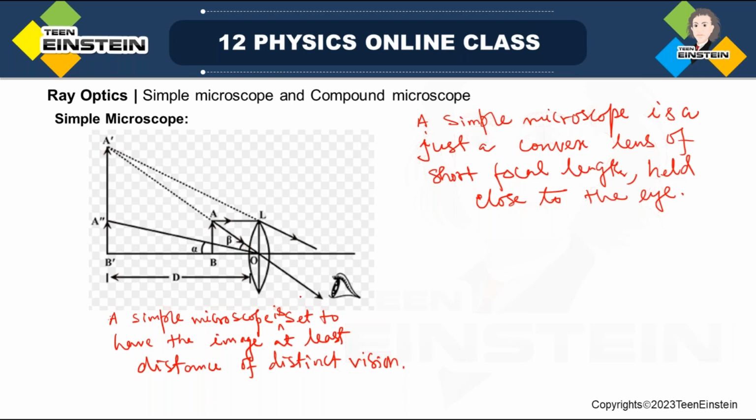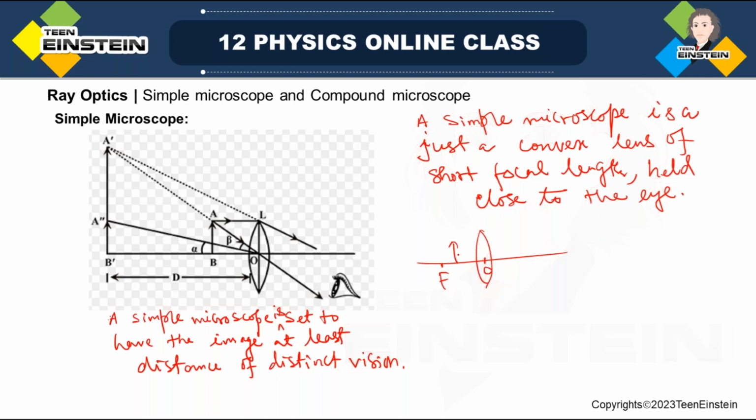Then how would the ray diagram be for that? This figure is that ray diagram. We know for a convex lens, if this is the focus and this is the optical center O, and you keep an object between the focus and the optical center, then there will be an image.